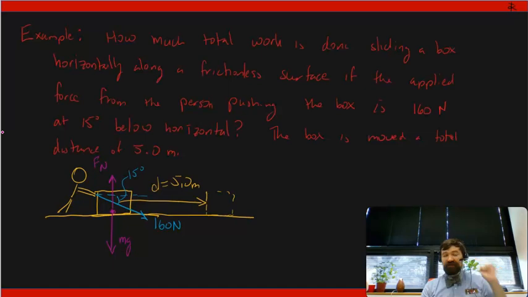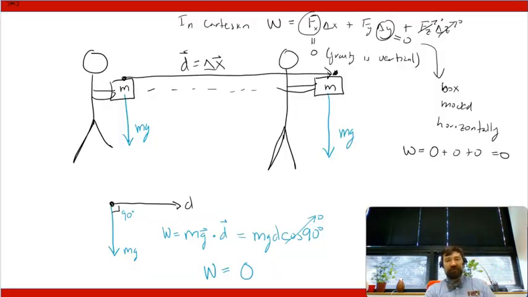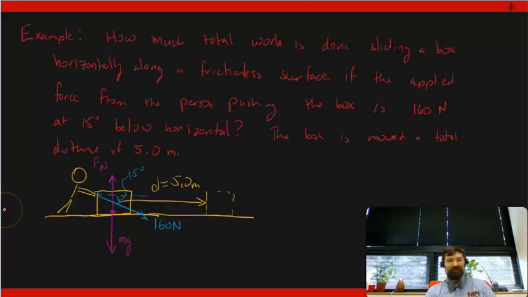Those two are not doing any work, again for the same reason as no work was done by gravity in this case. Both of them are perpendicular to d. This also is perpendicular to d. That means that when you do the dot product for this one or for this one with d, you get 0.